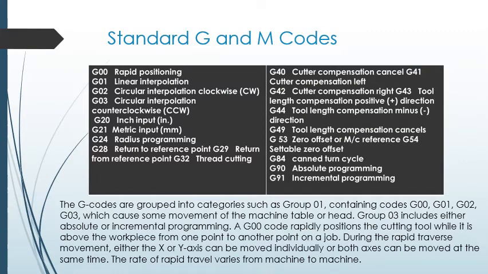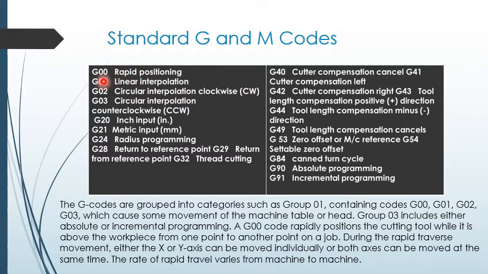There are about 100 kinds of G codes, but here we will discuss some major standard G codes. I have made a table of some important G codes, and I will show the code and its function.